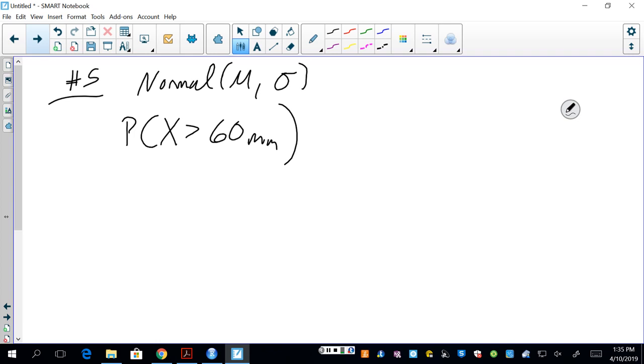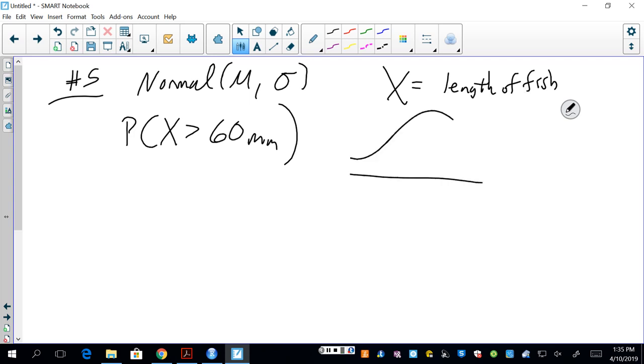So X is the length of the fish, and if it's normally distributed, it's going to be centered here at the mean. 60 is above that mean, which is 54 millimeters. You're trying to calculate this probability up here.